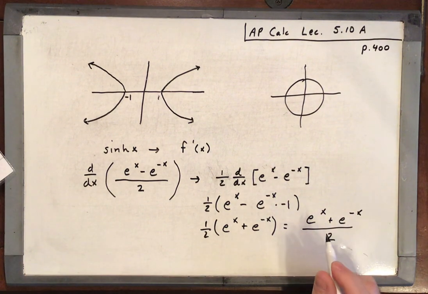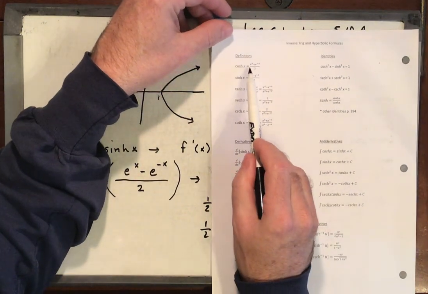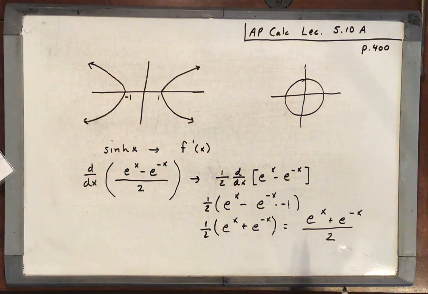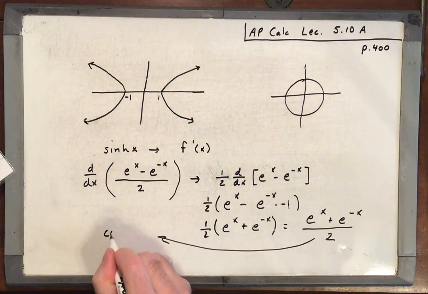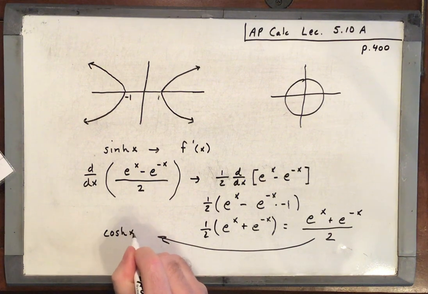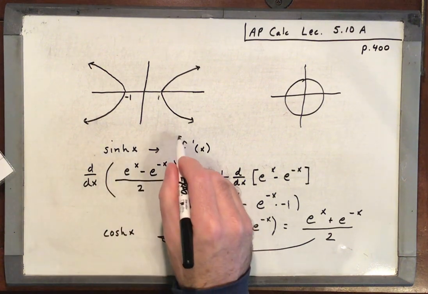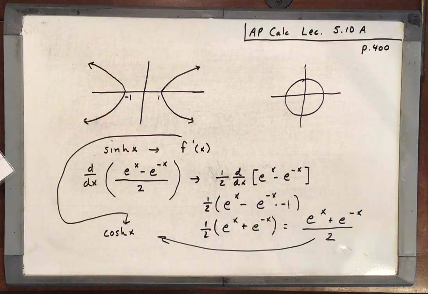Now, if you look at your sheet, you'll see that hyperbolic cosine is that, e to the x plus e to the minus x over 2. Okay, so that's just hyperbolic cosine. So the derivative of hyperbolic sine is hyperbolic cosine. All right, and these functions were defined in that way.